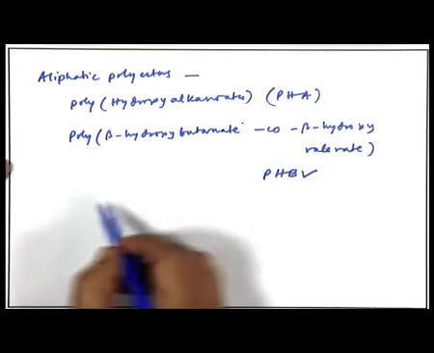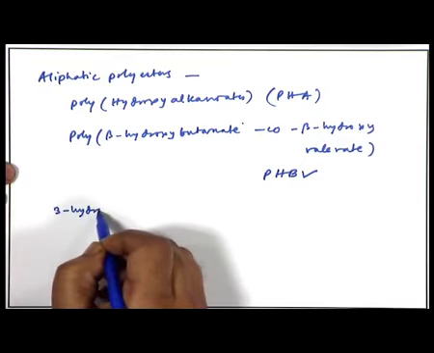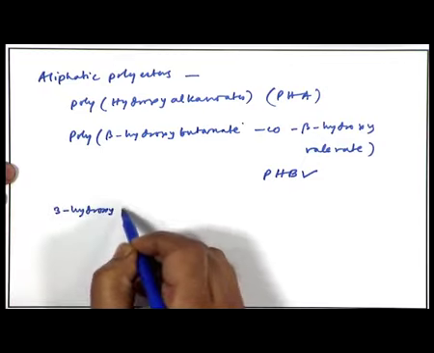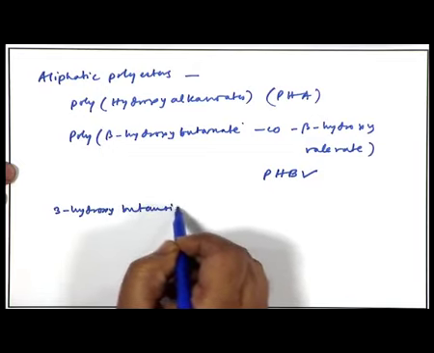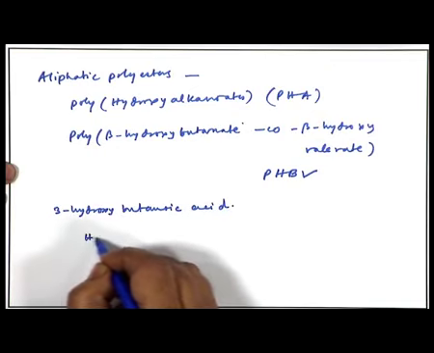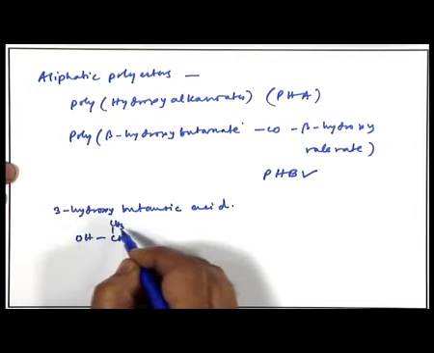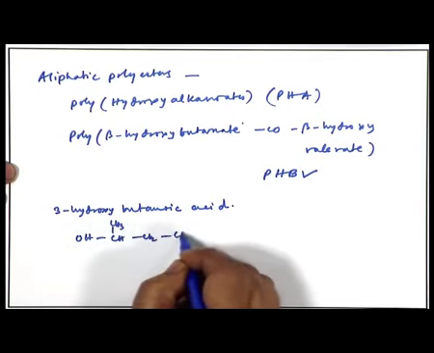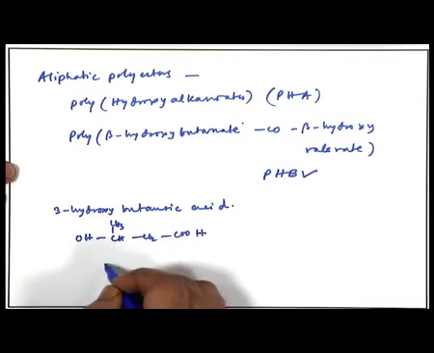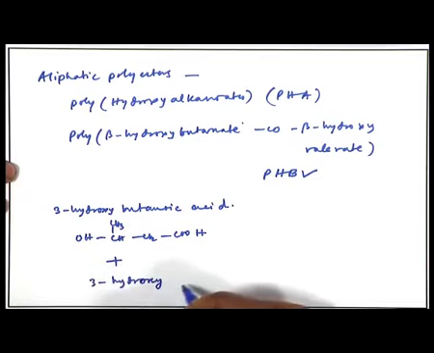PHBV. The structure is formed from 3-hydroxybutanoic acid plus 3-hydroxyvaleric acid. I am not writing the structure because I have to finish in a minute.